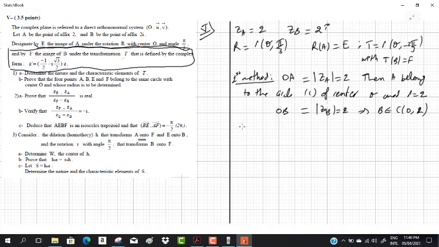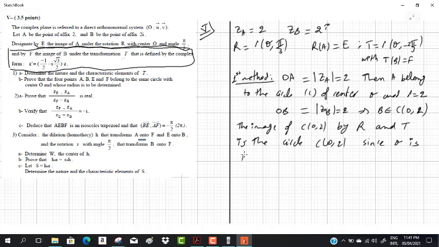But there is another method. The image of the circle C by R and T is the circle C, since O is the center of R and T. Because O is the center of R, its image stays the same circle, having the same radius, and because O is the center of T, the image of the circle also stays the same. A belongs to C, then R of A, which is E, belongs to the same circle C of center O and radius 2.